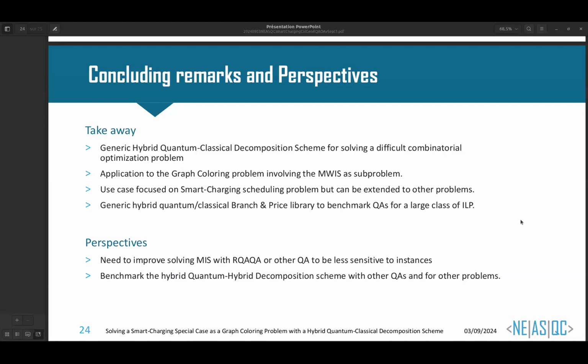And even with the same kind of constraints, it could apply to another problem in energy management, in particular, when we need to schedule nuclear outages.